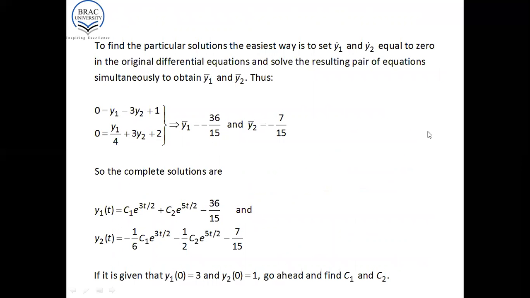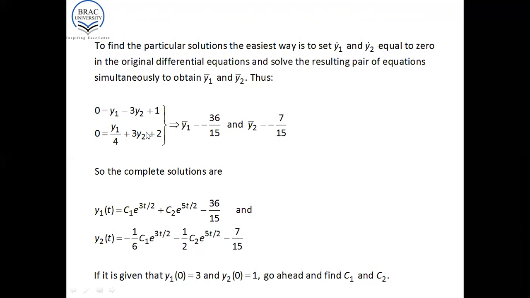To find the particular solutions, the easiest way is to simply set Y1 dot and Y2 dot equal to 0 in the original differential equations, and solve the resulting pair of equations simultaneously to obtain Y1 bar and Y2 bar. Our original differential equations were Y1 dot equal to Y1 minus 3Y2 plus 1, and we set Y1 dot equal to 0. And Y2 dot was equal to Y1 by 4 plus 3Y2 plus 2, and we set Y2 dot equal to 0.